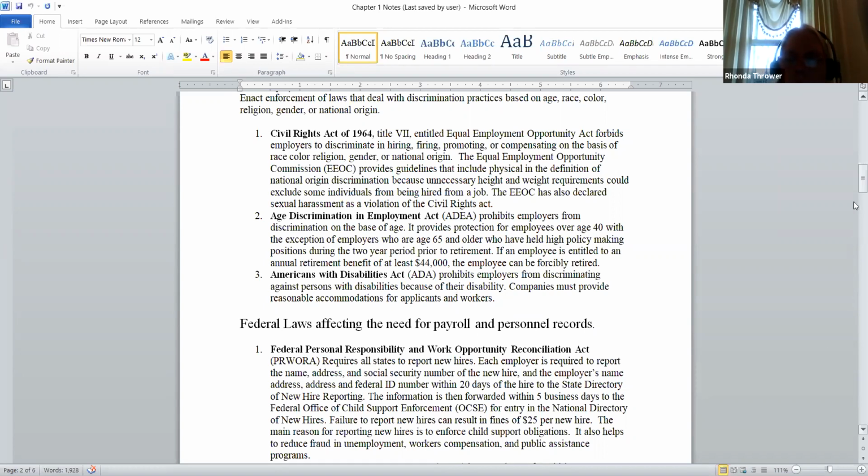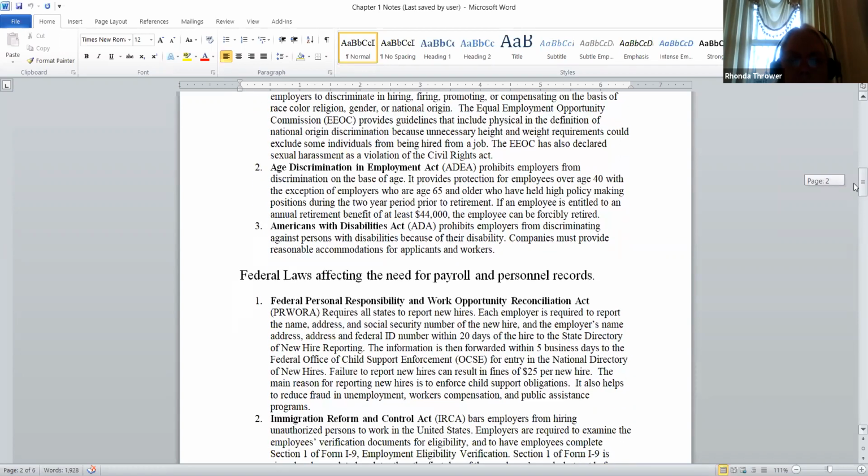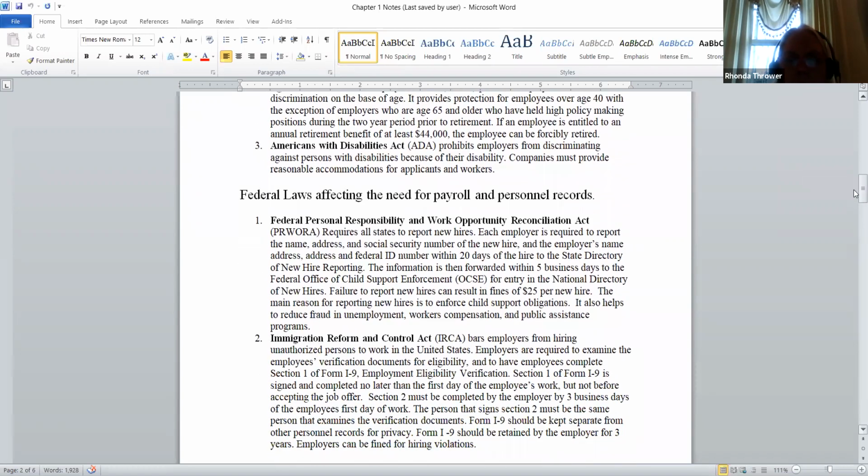There are also other laws that they touch on in this chapter that have a need for keeping payroll and personnel records. One of those laws is what we call the Federal Personal Responsibility and Work Opportunity Reconciliation Act.